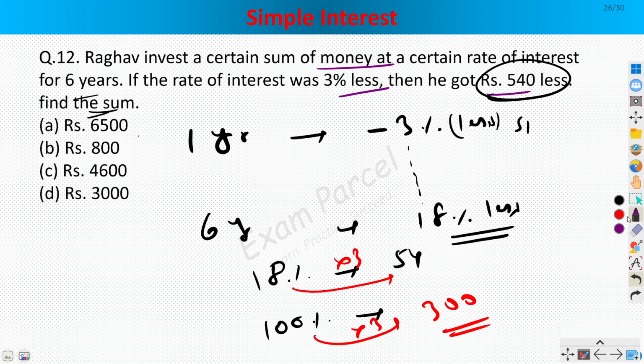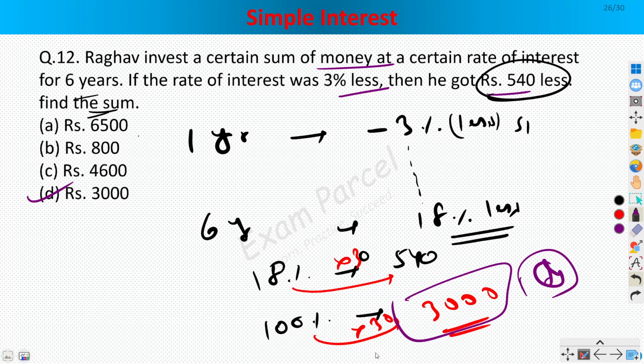Oh, it's not 54 actually. Sorry, 18% is 540. So here you will do 30 times, 100 into 30, that will be 3000. Option D.